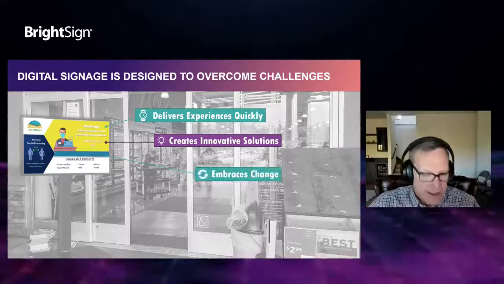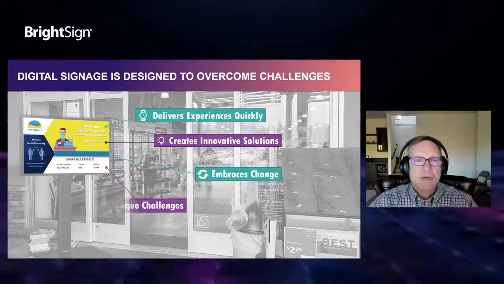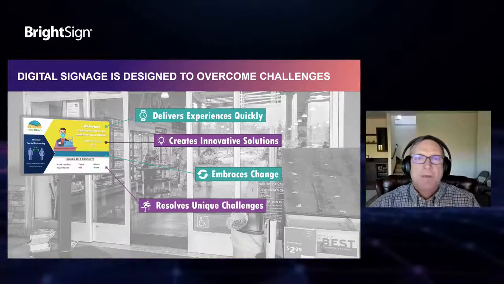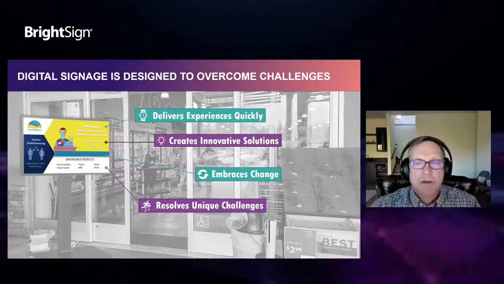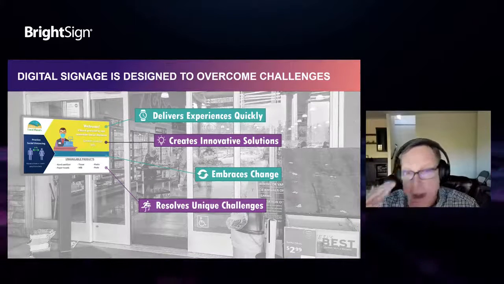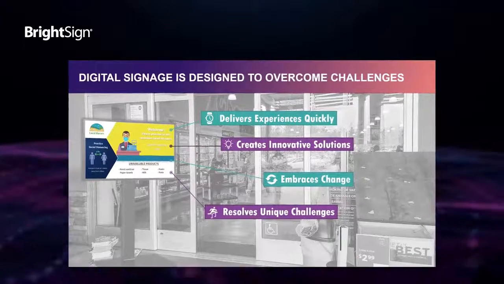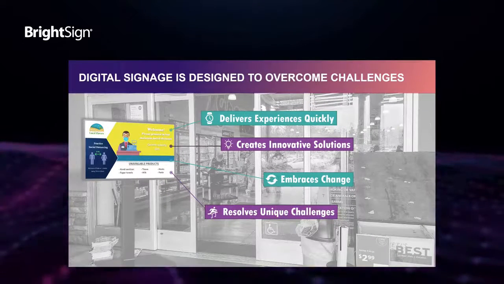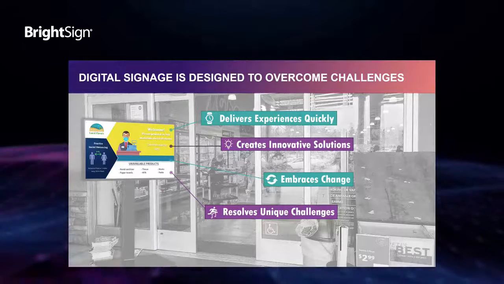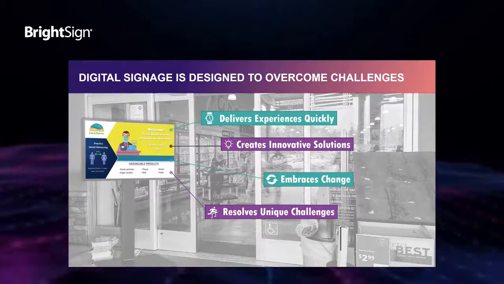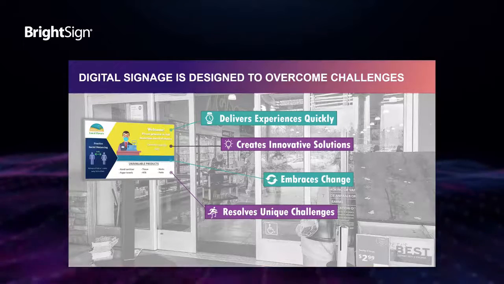Well, the first thing is, no one expected COVID to come up. So people having digital signage all of a sudden were thrust into a world of, hey, the initial thing I was going to use digital signage for, I need a completely different application to deliver this. Here I have a little example showing out of stock.